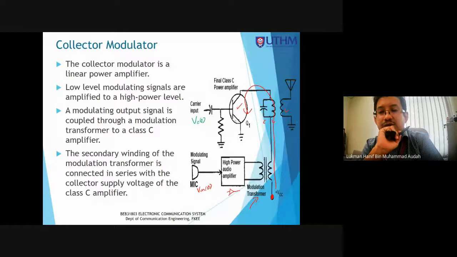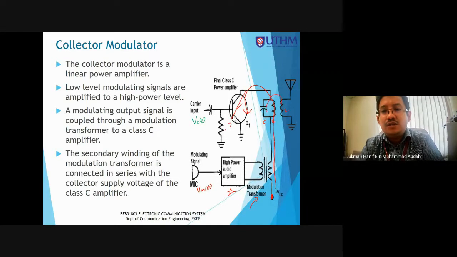And during the reverse bias of this transistor, maka ini akan switch off. Maka at that time, LC tank circuit will discharge. Konsepnya juga sama. Okay, so ini transformer, so maknanya outputnya sangat besar, jauh lebih besar daripada low level modulator.